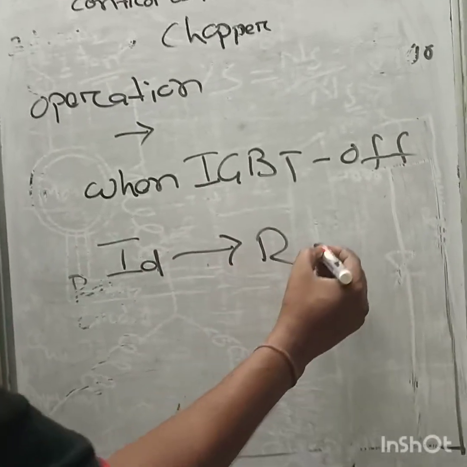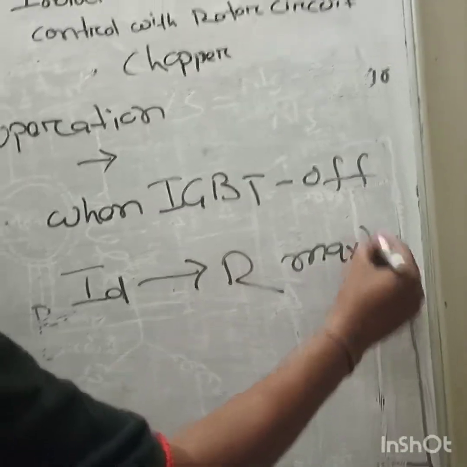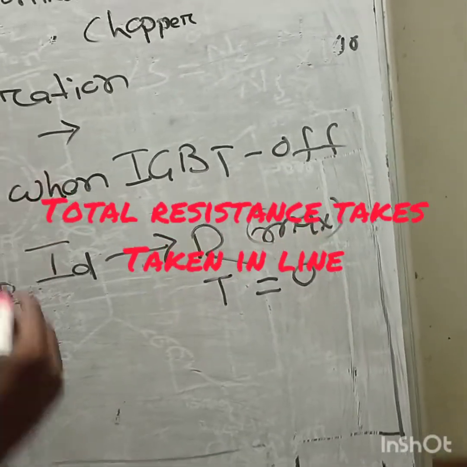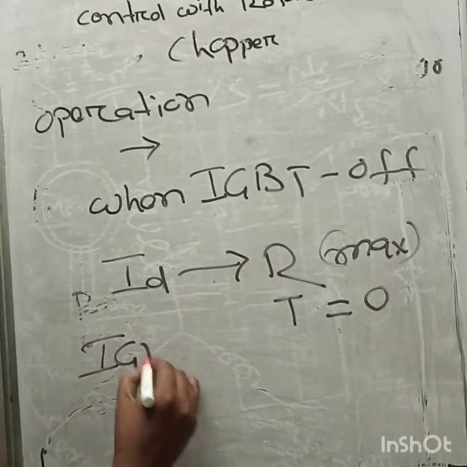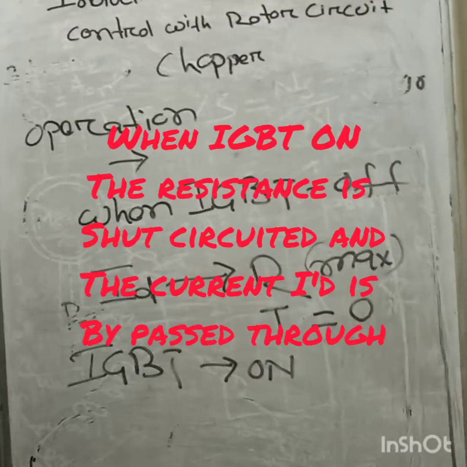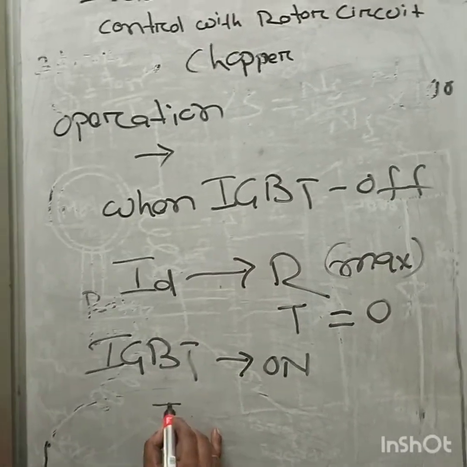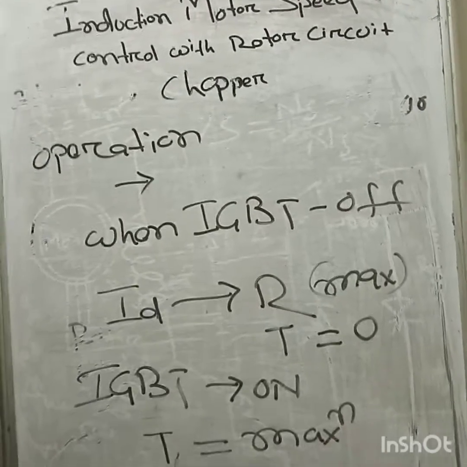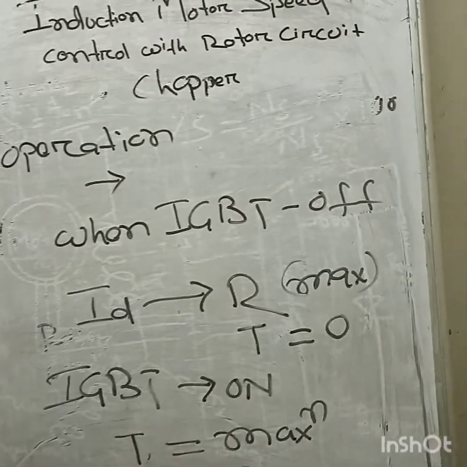Then resistance is maximum, but on time is 0. But when the IGBT is on, the on time is maximum, but resistance is 0.